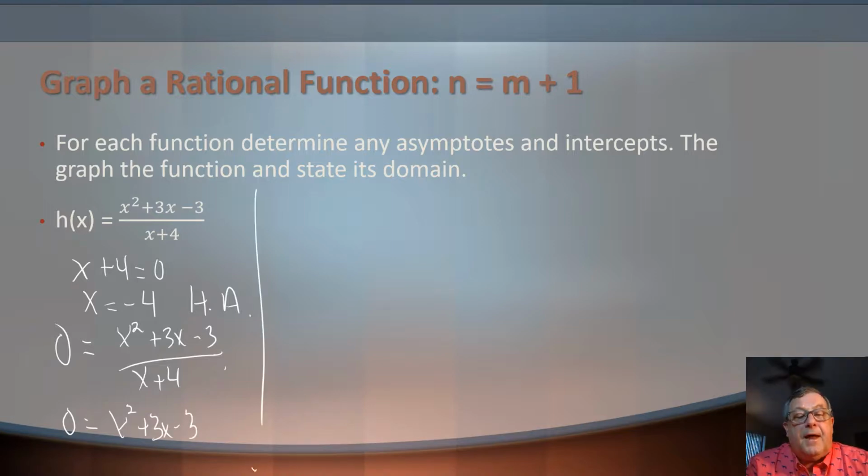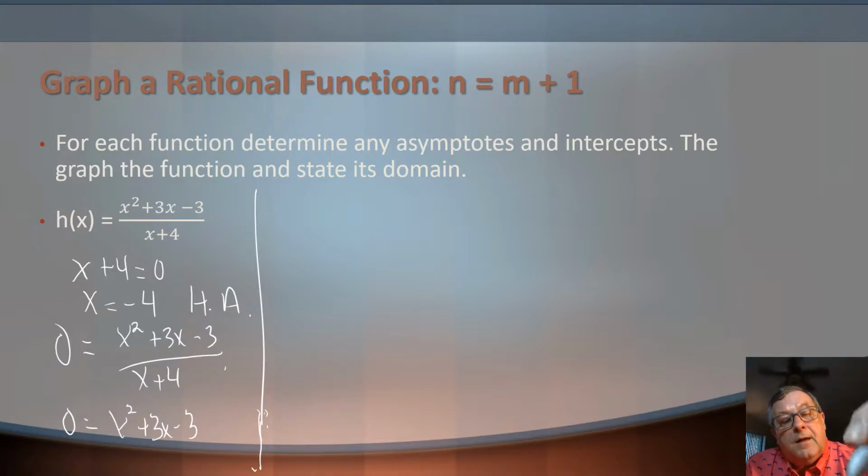Now, I'm looking at that quadratic equation and thinking about how I can factor it to find any x-intercepts. Plus 3, minus 3. You know what I'm going to have to do? I'm going to have to use my old friend, the quadratic formula: negative b plus or minus the square root of b squared minus 4 times a times c, over 2 times a.